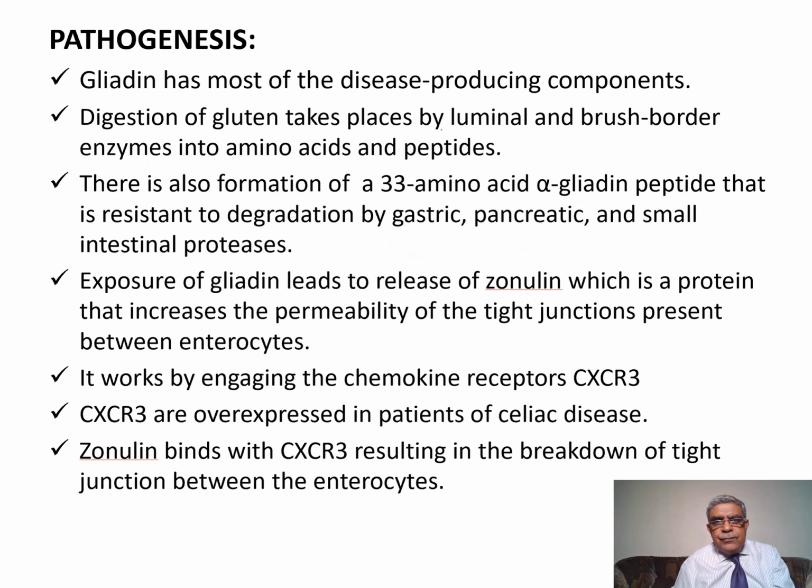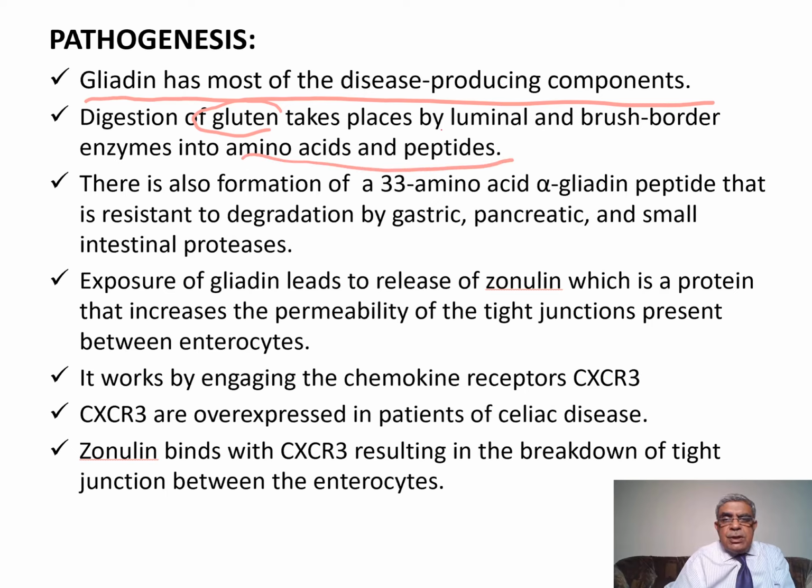Now, pathogenesis. Gliadin has most of the disease producing component. Digestion of gluten takes place by luminal and brush border enzymes into amino acids and peptides.